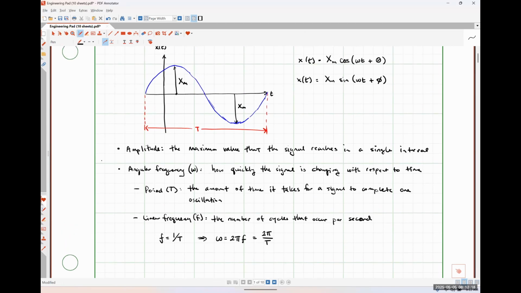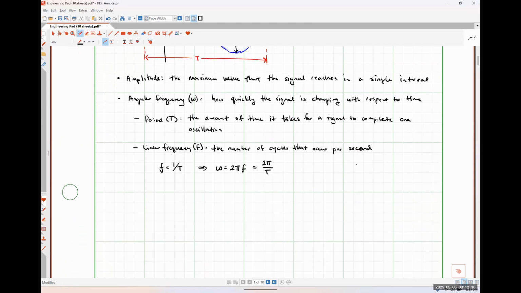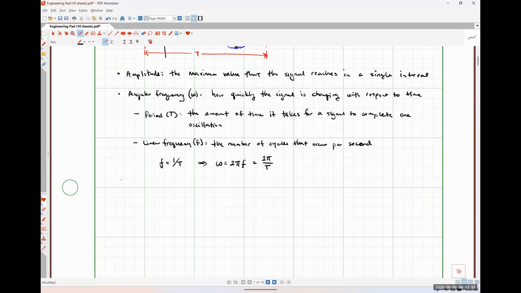So we've talked about X sub m, we've talked about omega. T is just the time that we're interested in. So the last thing that we have to talk about are our phase angles. And this is probably one of the most confusing parts of this.